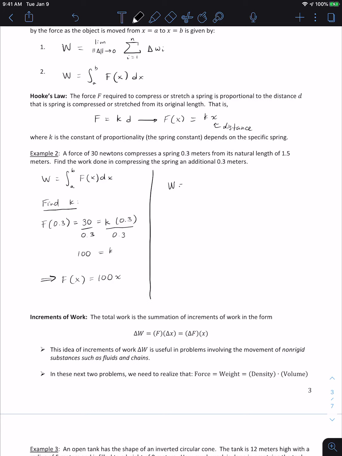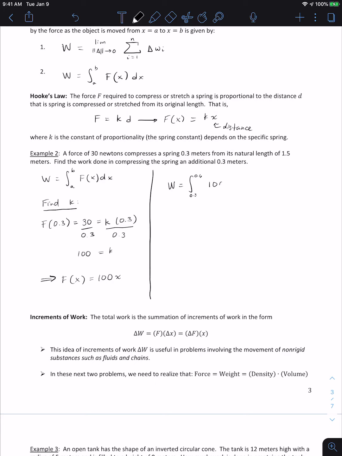So work is equal to the integral, and now we have to find a and b, where we start and finish. The question says first we compress the spring 0.3 meters, and then we want to find the work done in compressing the spring an additional 0.3 meters. So here we're starting at 0.3, and we're compressing it an additional 0.3, in other words, all the way to 0.6 meters.